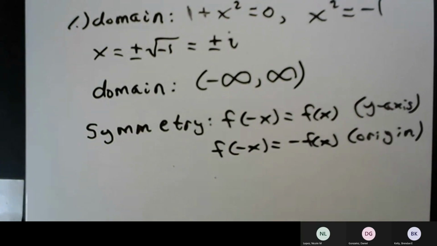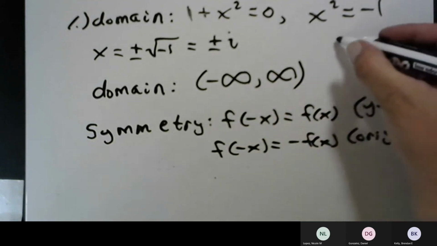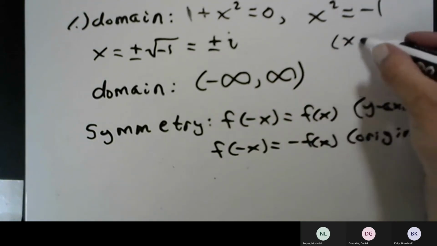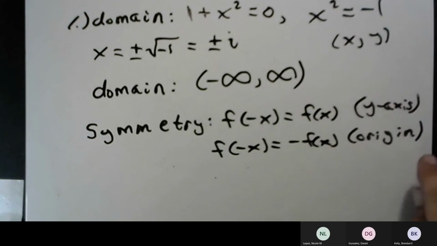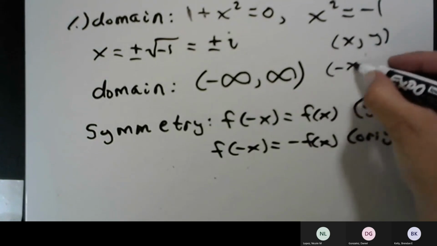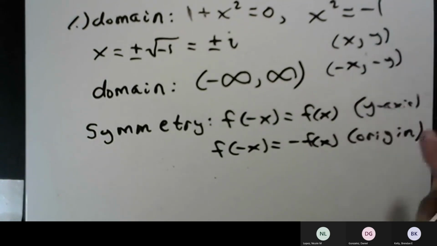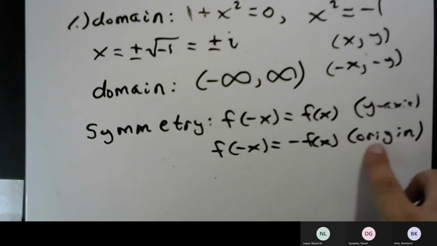If you have xy on your graph, you'll have negative x, negative y also on your graph if you're symmetric about the origin.